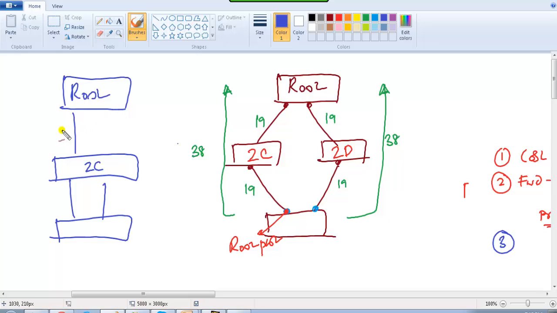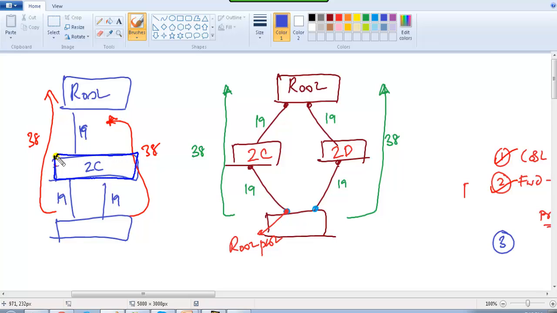Now in this scenario, if I go with the default cost values, the cost is 19, 19, 19. So if I go from this route, the cost is 38, and if I go this way on the same switch, the cost is 38. So the first condition is a tie in the cost, then the second condition, it is going to see the priority value and the MAC address. Here it is actually coming from the same switch, so there is probably a tie in the forwarding bridge ID also. In that case, the third condition will be the forwarding port number, that is, the upstream port number.